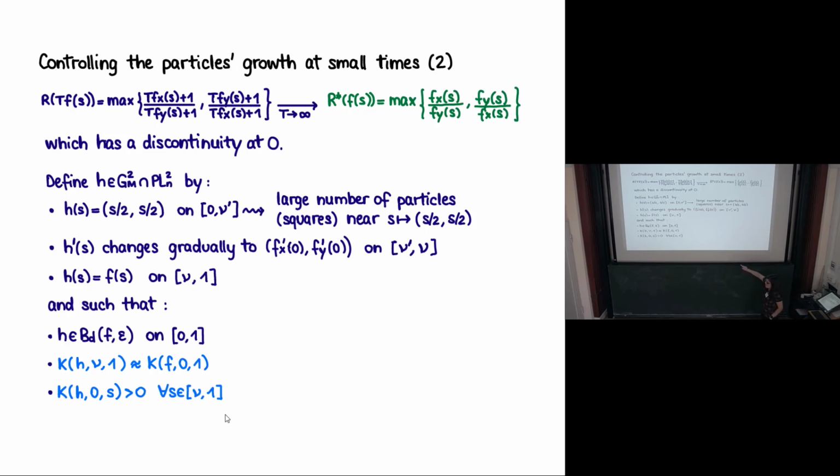So the main difficulty in building H is not the definition, it's that it needs to be well behaved. So what I ultimately want is that the number of particles that follow F is near the number of particles that follow H. And I want it to be close to K evaluated at F. So I need to make sure that by changing the function to H, I'm not losing much.